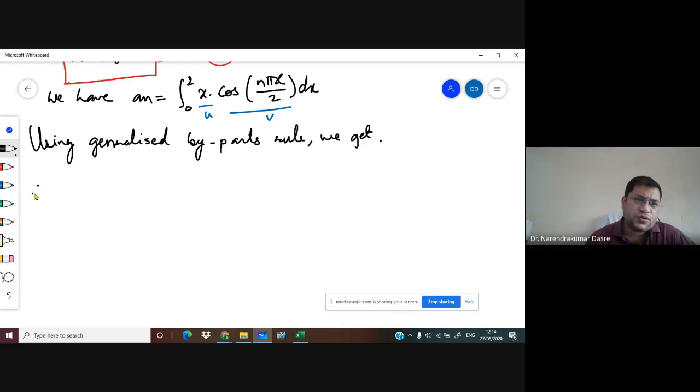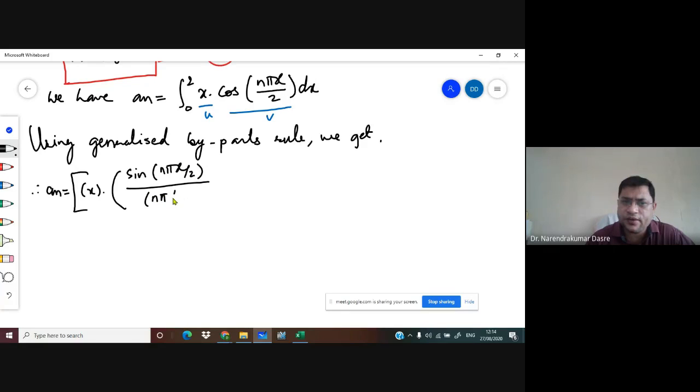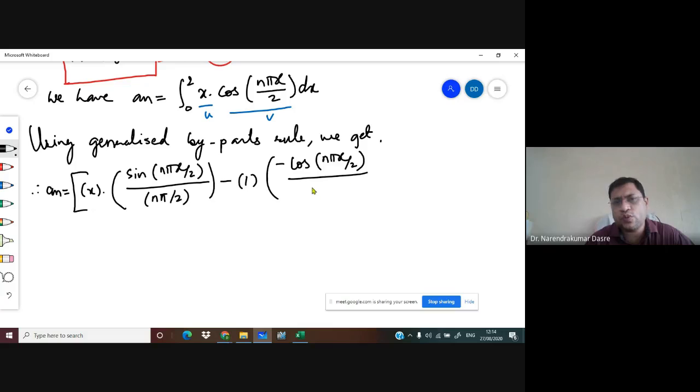So we get an is equal to x remains as it is, the integration of cosine, so here we have sine of n pi x by 2 upon n pi by 2, minus the derivative of this term is going to be 1, and the integration of this term is going to be minus cos of n pi x by 2 upon n pi by 2 bracket square, and the limits are 0 to 2.